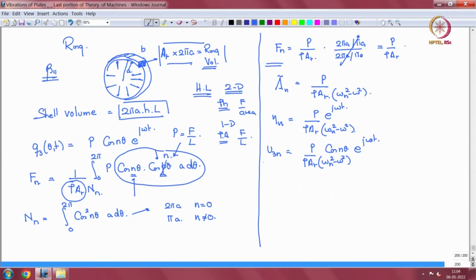Once we have the response, what is beta 1 1? This response divided by p cos n theta and e to the power j omega t. So, that leaves us with 1 over rho A r into omega n square minus omega square, that is beta 1 1.